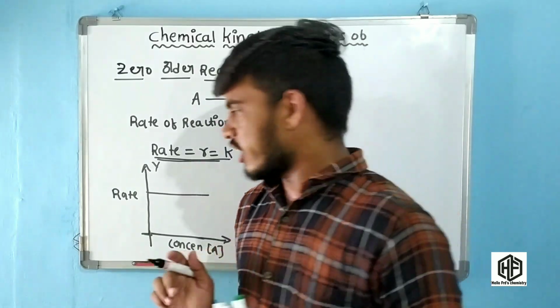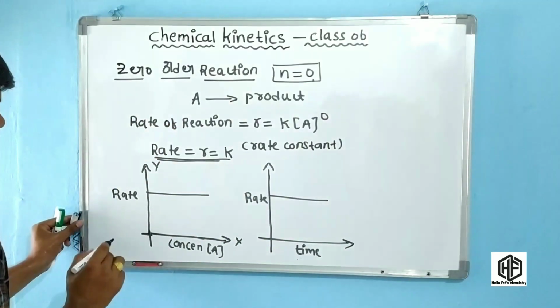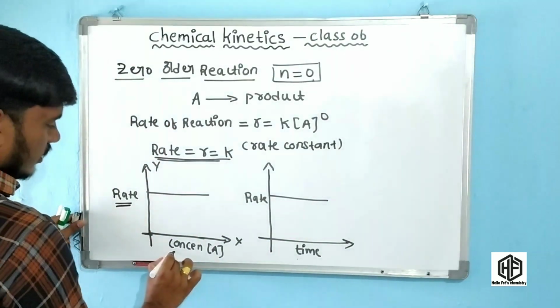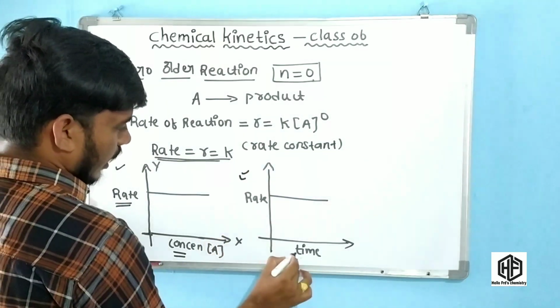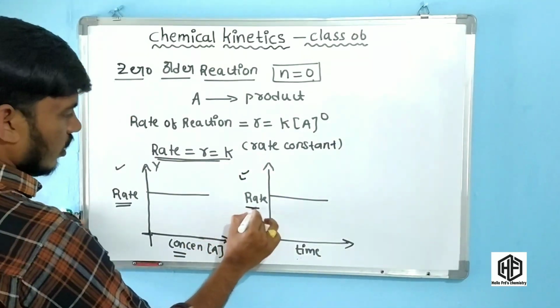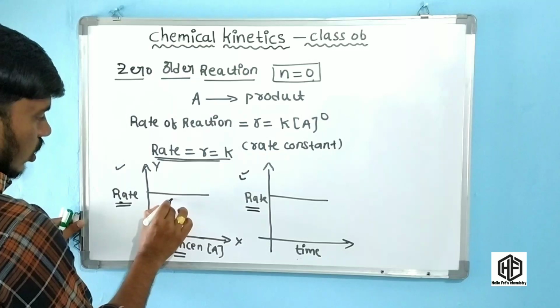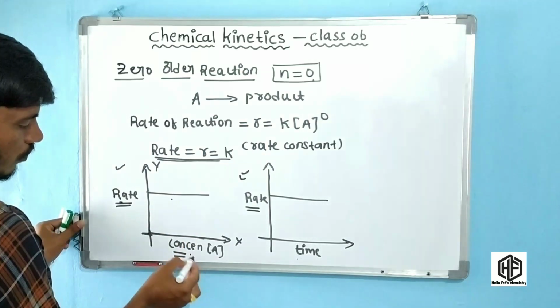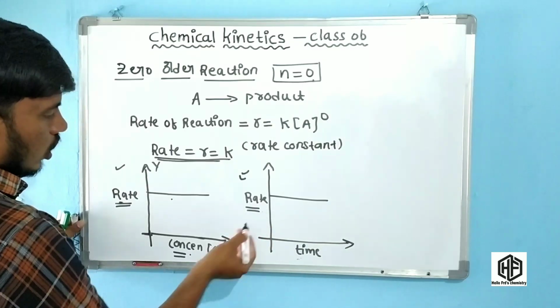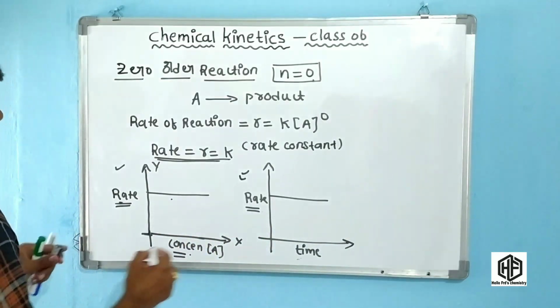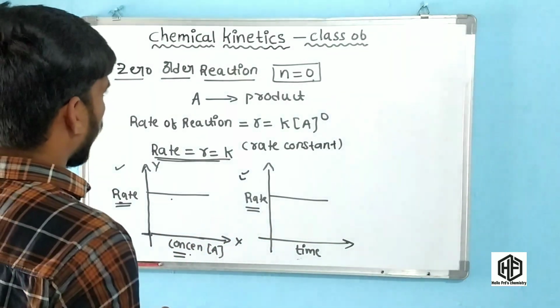This is very important. Now the graphs for rate of reaction versus concentration, and rate of reaction versus time, are like this. It means the rate of reaction is constant with concentration, and also constant with time. This is the basic introduction of the zero order reaction.